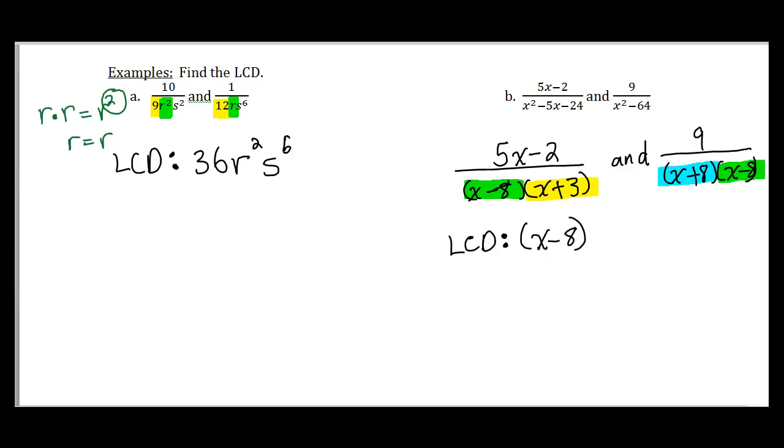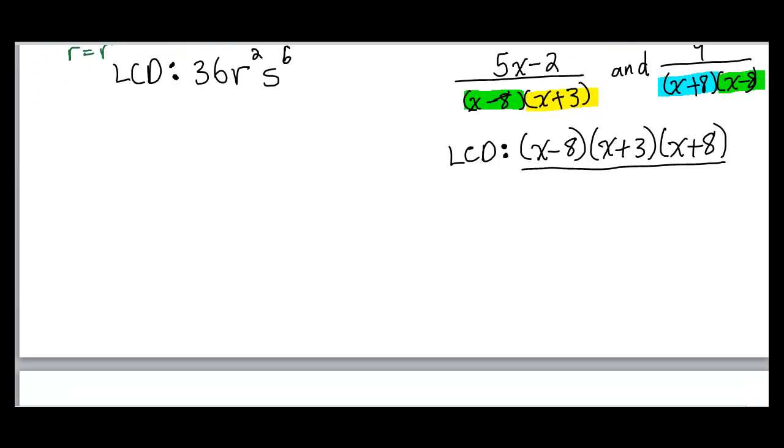Those are not in both, but they're in one of them, so they have to go in the LCD. So if I were to add or subtract, before I could add or subtract these two, I would have to have the LCD x minus 8 times x plus 3 times x plus 8. Let's actually look at an example where we actually do the addition or subtraction.